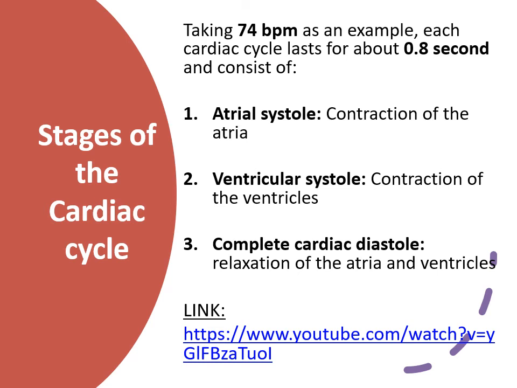So atrial systole means there will be contraction of the atrium. Ventricular systole means there will be contraction of the ventricle. And complete cardiac diastole means all the ventricles and the atria will be relaxed. For better understanding of the cardiac cycle, I have provided a link below, so you can visit the site in YouTube and watch the video regarding the cardiac cycle.